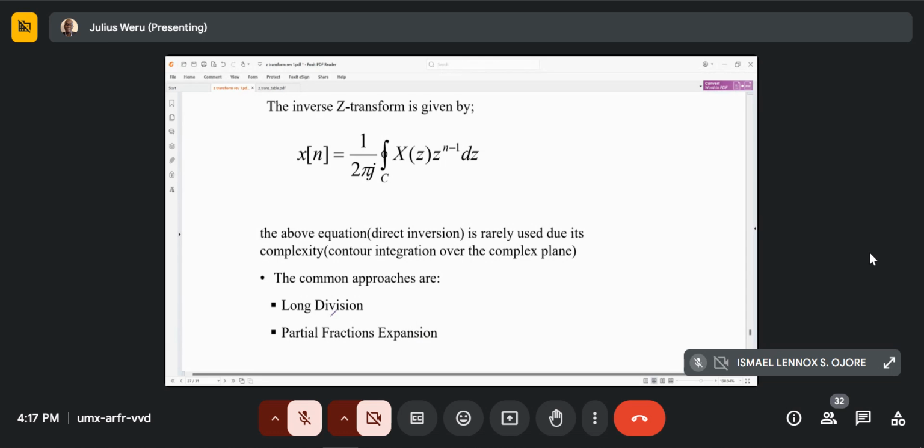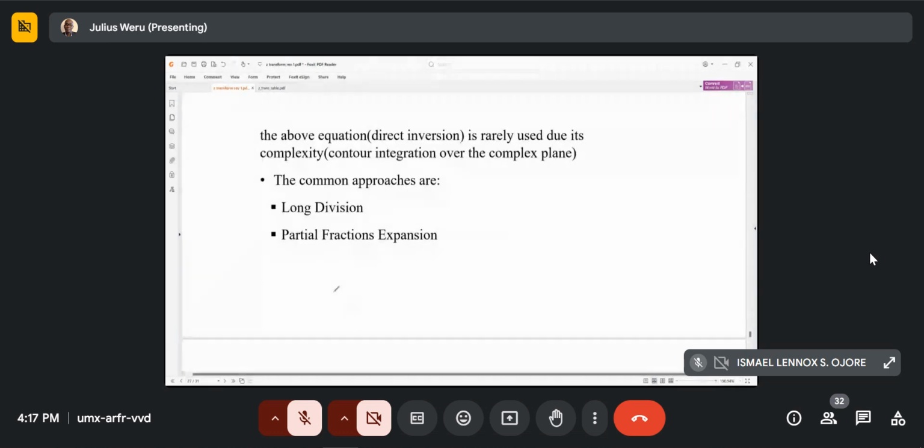And of course, these are important because they will become very handy when you're designing filters. So you need to understand how you do it. When you design filters, you're going to find there will be cases where you need to apply one of these methods.